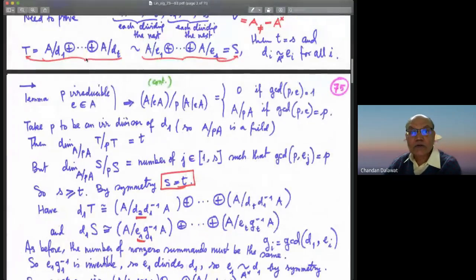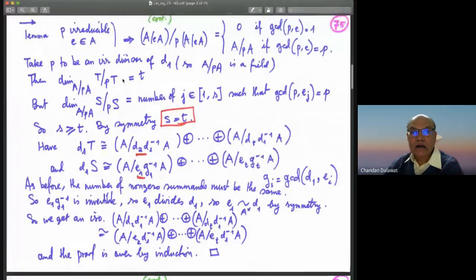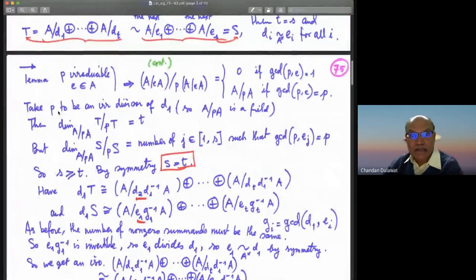So now I have these two modules T and S, and they are isomorphic by hypothesis, and I have to prove that this little t is equal to little s, and the DIs are associates of the EIs. So let's look at an irreducible divisor P of D1. Why does D1 have an irreducible divisor? Because it's a non-zero, non-unit element of a principal ring.